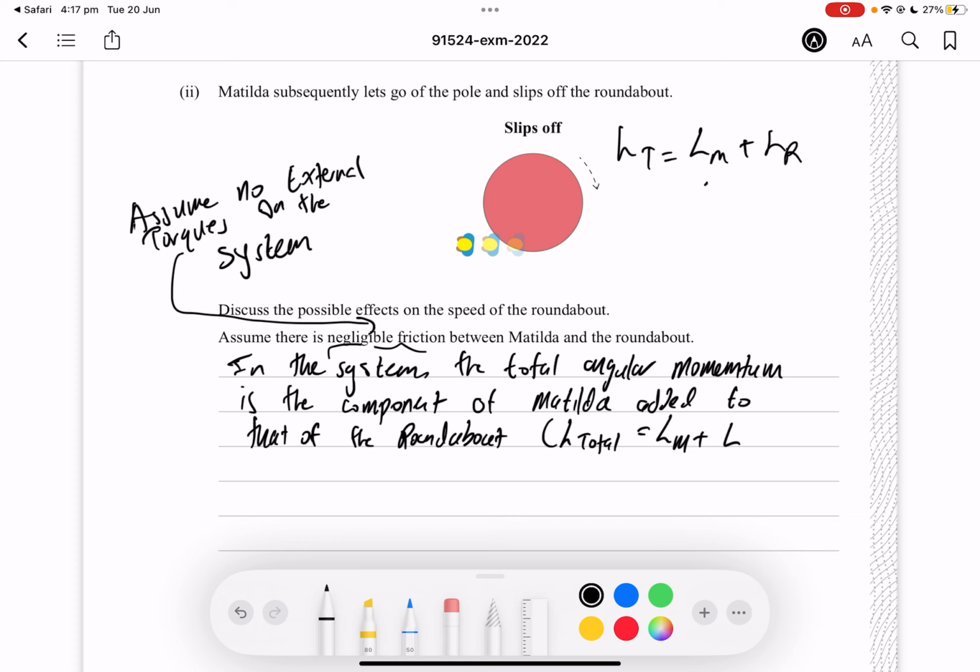So say some L total is equal to some angular momentum of Matilda added to some angular momentum of that roundabout.